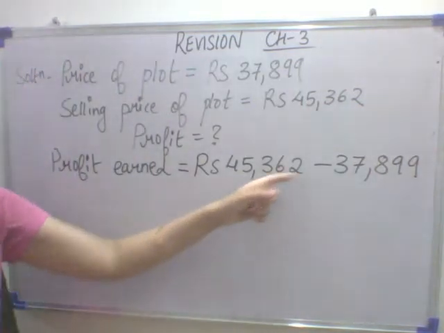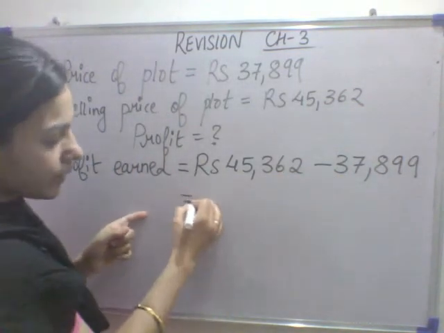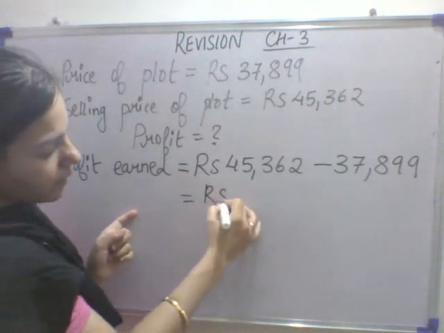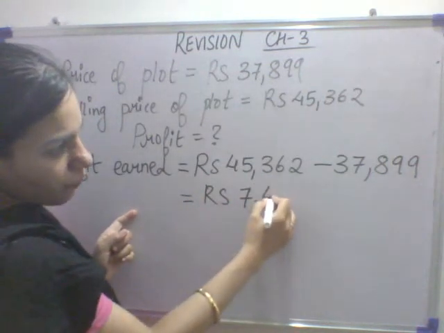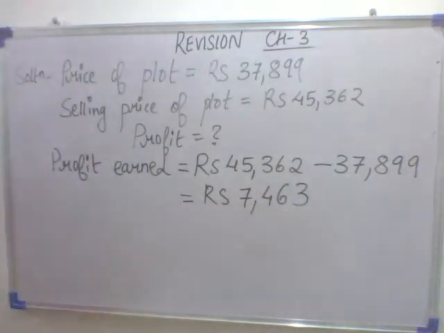If you subtract this, you will be getting rupees 7,463. So this is the profit earned.